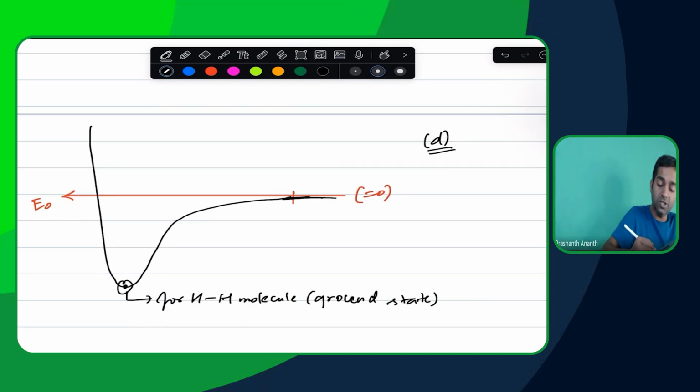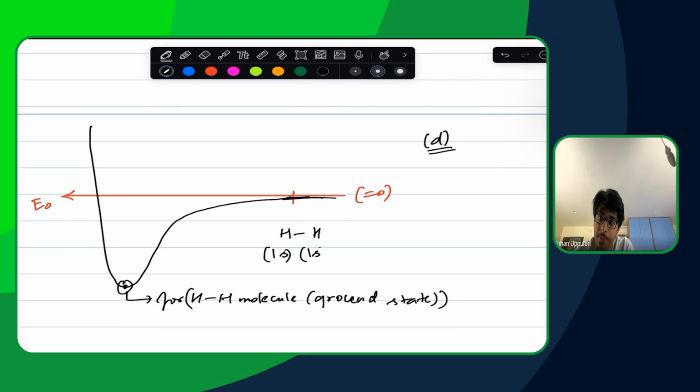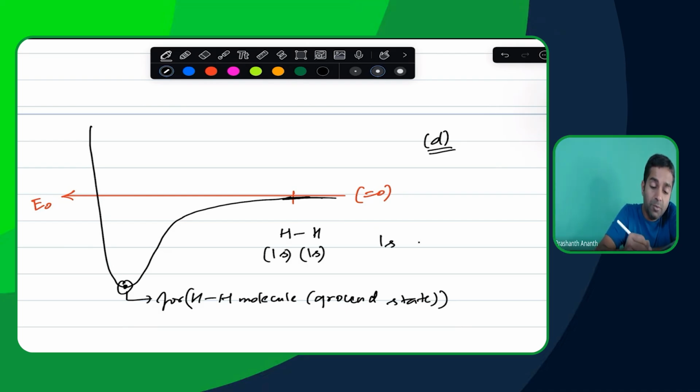So what is going to be the distance here? We're going to be having to calculate that particular value out first. So if I consider the hydrogen molecule, H2 molecule, what type of an interaction is it expected to be? It's expected to be a 1s interaction. Correct. So it's supposed to be a 1s sigma 1s.